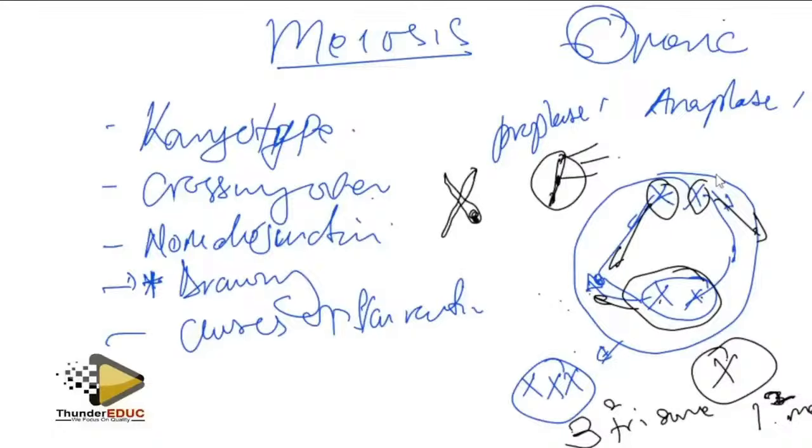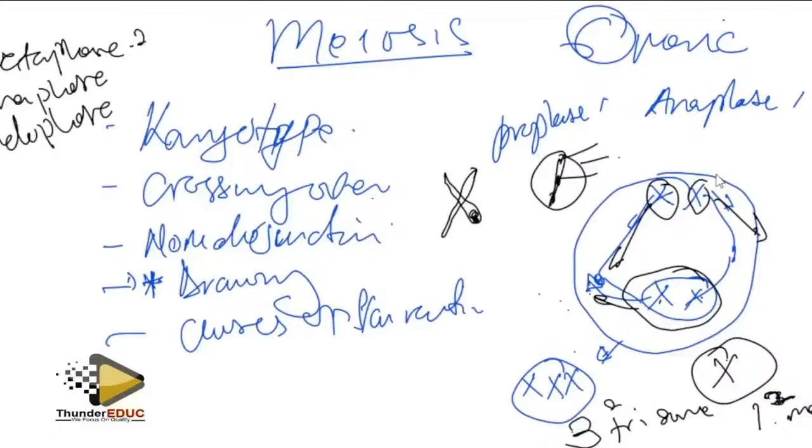I want to give you one thing students always mess up with. It is metaphase. Listen carefully. Don't go away. Anaphase. Then telophase. I'm going to say this metaphase 2, anaphase 2, telophase 2.